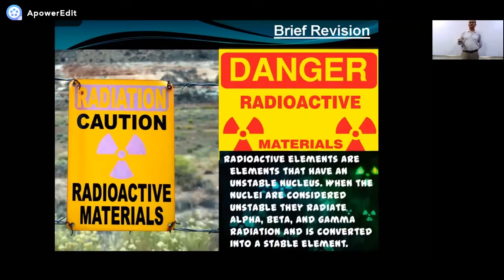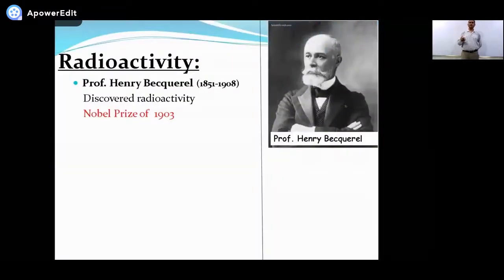Such nuclei stabilize themselves by releasing some sort of energy in the form of rays. Such elements are called radioactive elements. Okay? And we know that these radioactive rays were discovered by Professor Henri Becquerel. He got the Nobel Prize for it.